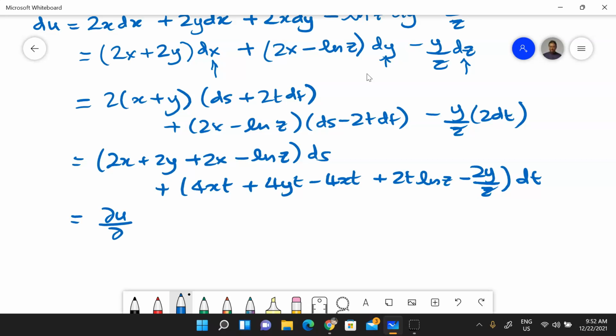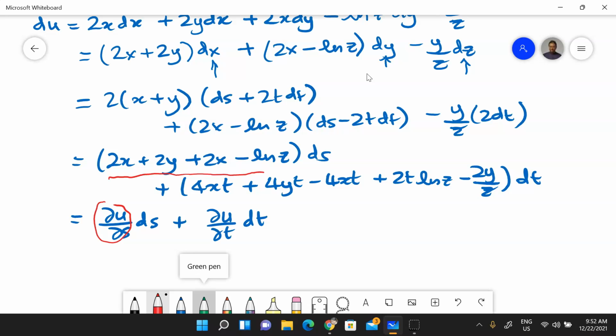This is going to be du equals partial u partial s ds plus partial u partial t dt. So this thing is that, and this thing is that. So one has already the partial derivatives of that function u with respect to the implicit variables s and t.